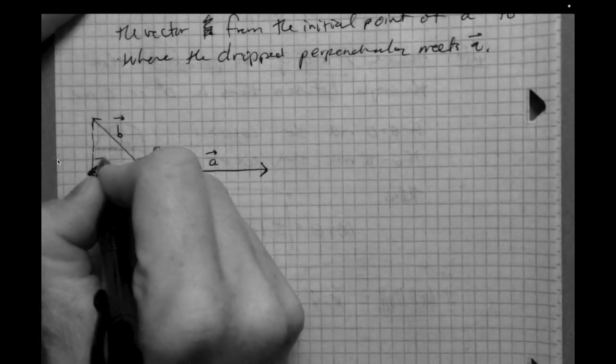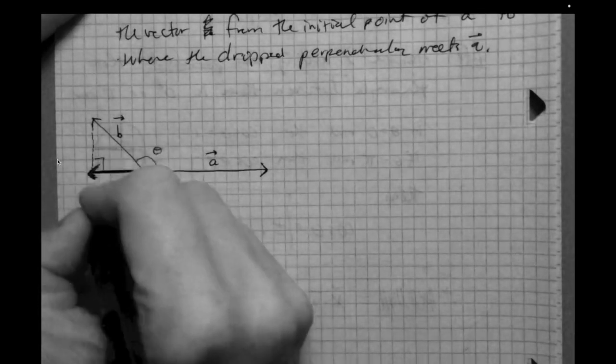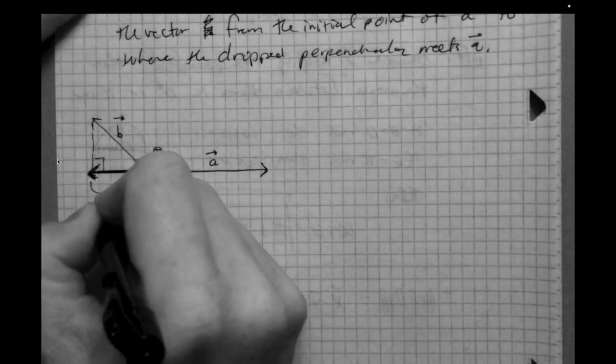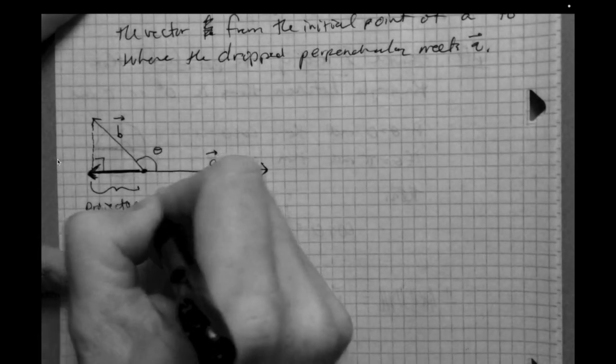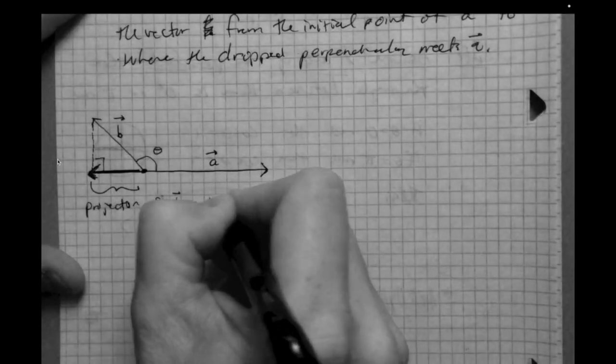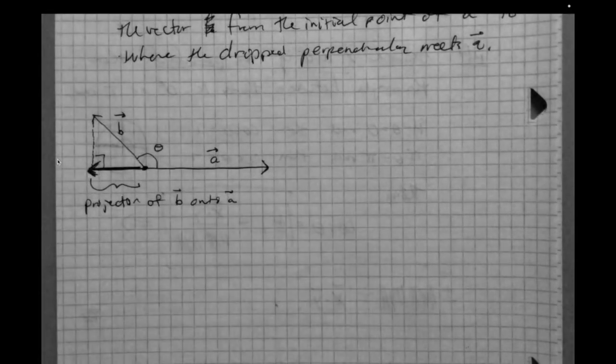Okay, and so again, that's a right angle there. And so this is your projection of B onto A. Okay. All right, so it's the same idea.